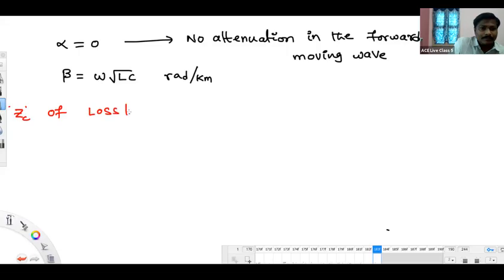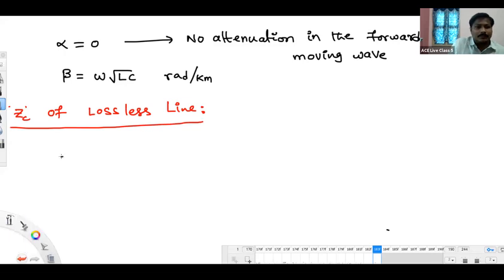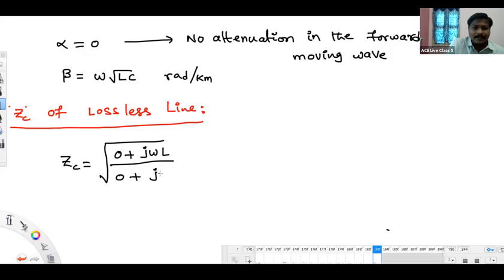ZC is equal to square root of Z by Y. Z in the sense 0 plus j omega L, Y in the sense 0 plus j omega C. You observe now that j omega will be cancelled out, and it will result in a term like root of L by C. ZC is equal to root of L by C.